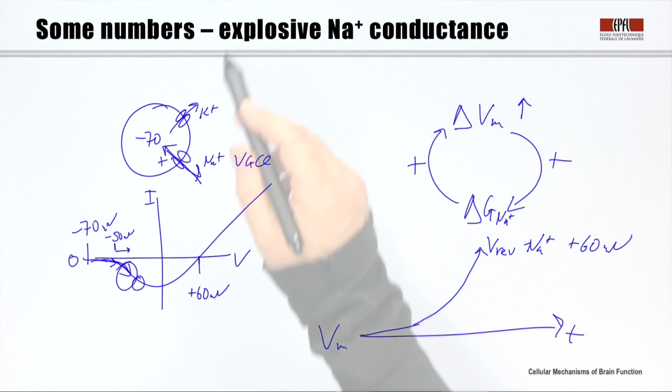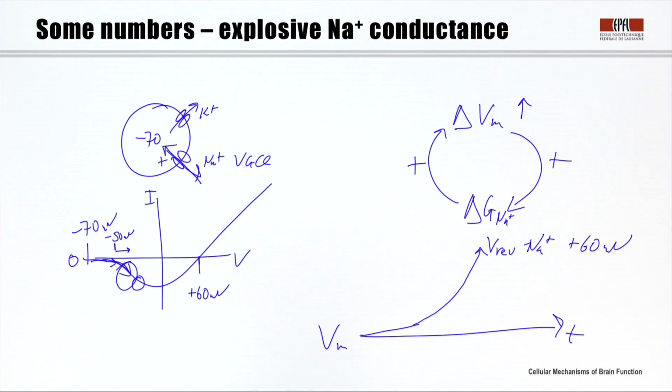So voltage-gated sodium channels give rise to an explosive sodium conductance, where a small bit of depolarization will give rise to a positive feedback loop, taking the membrane potential towards a sodium reversal potential.